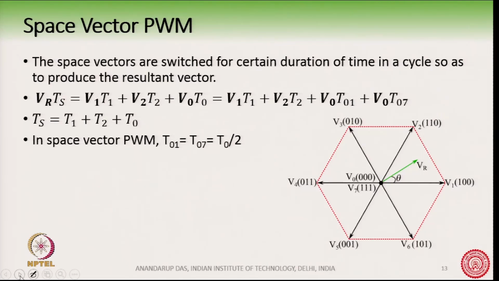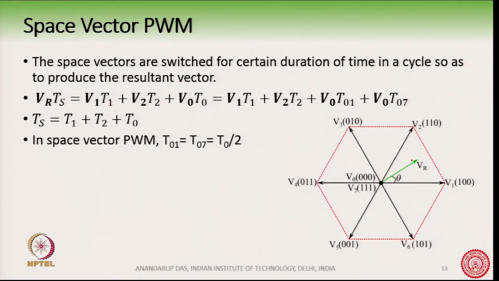Okay. In space vector PWM, the space vectors are switched for a particular duration of time in a cycle, and it is dictated by this equation here, which is Vr into Ts is equal to V1 into T1 plus V2 into T2 plus V0 into T0. So, what are these? Vr into Ts is the resultant space vector, which is applied during the switching interval Ts.